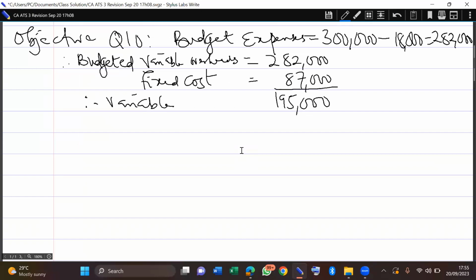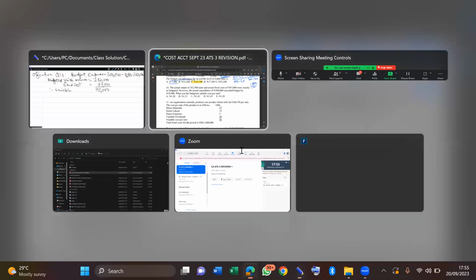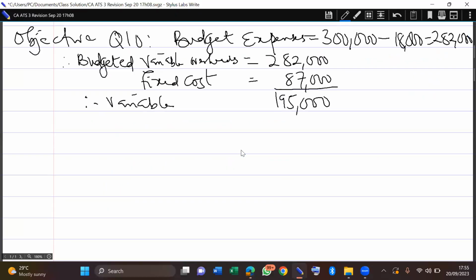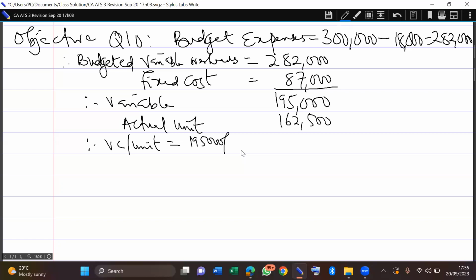195,000. What is the production unit? 162,500 is the actual unit. So our variable cost per unit will now be 195,000 divided by 162,500.